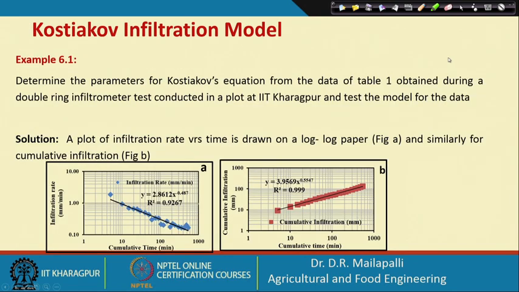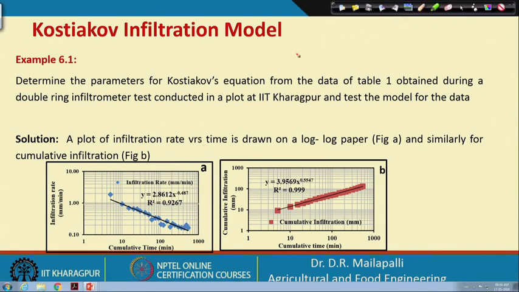Next, in this example, let us find out the Kostiakov infiltration parameters. The Kostiakov infiltration equation is small f is equal to a t power minus b, so find out what a and b are. Determine the parameters of the Kostiakov equation from the data in table 1, the previous table obtained during the double ring infiltrometer test conducted at IIT Kharagpur.